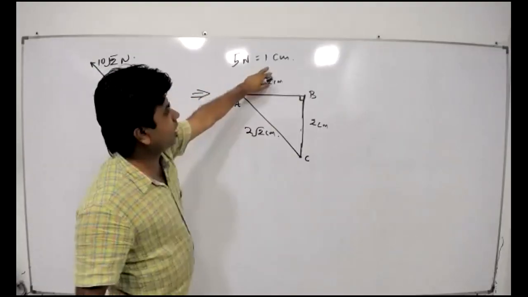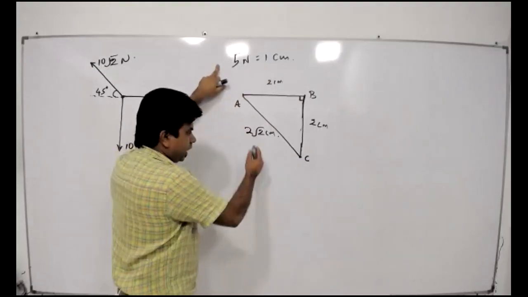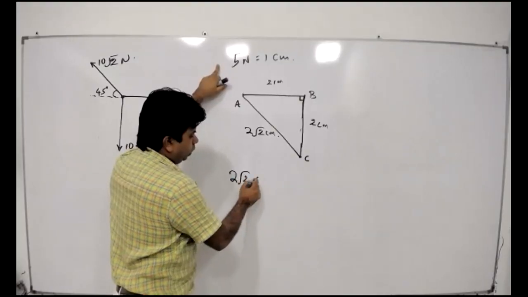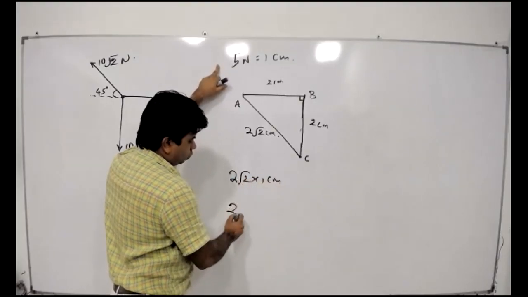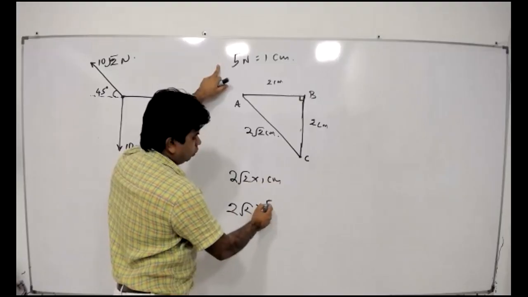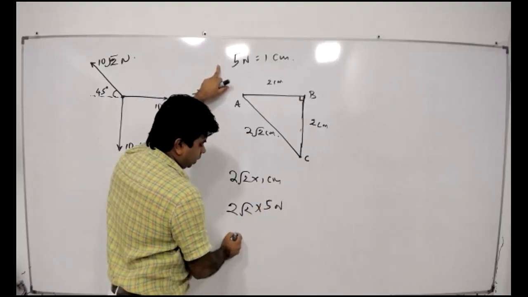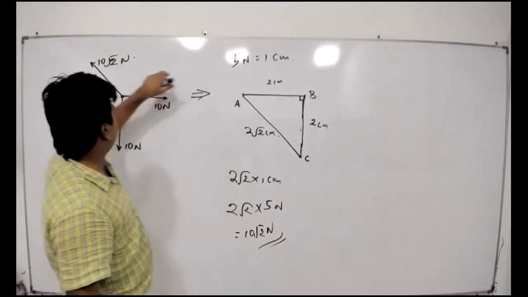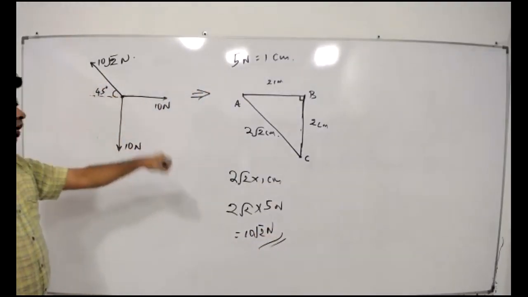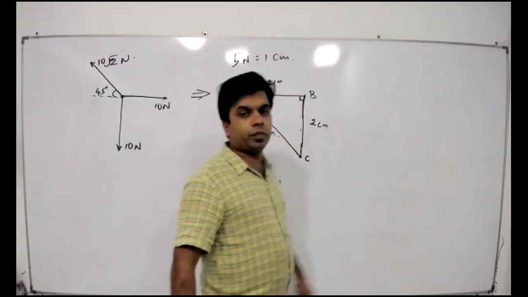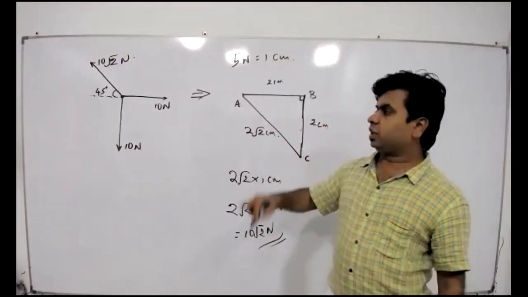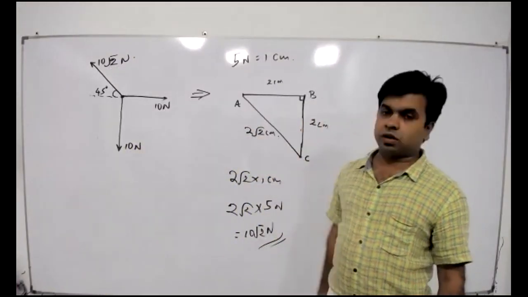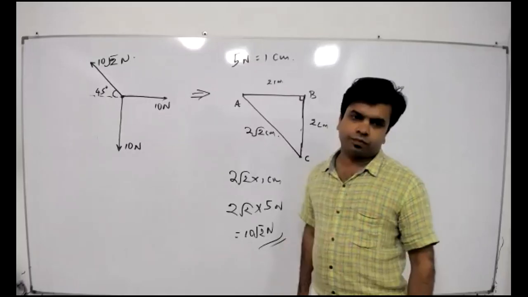Now you know that 1 centimeter is 5 newtons, so 2 root 2 times 5 newtons gives 10 root 2 newtons. That means this force also is 10 root 2. Accordingly, you can see that this particle is in equilibrium under the action of these three coplanar forces.